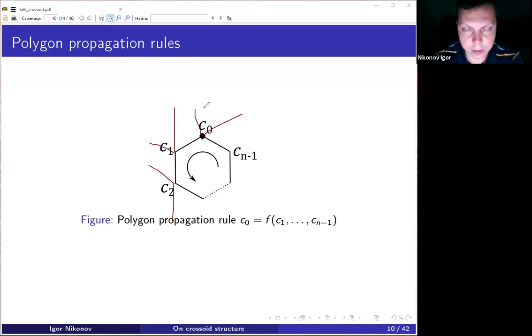We will assume that the color of one crossing incident to this region is determined by the colors of the other crossings. So if we have a region of a diagram and have, for example, some crossings incident to this region, then the color of one crossing can be expressed by some function through the colors of the other crossings.